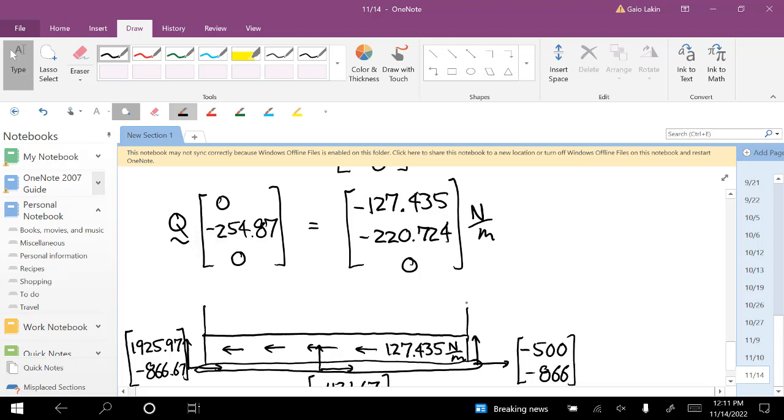And then we have a vertical one of negative 220.724, so that's down, magnitude of 220.724 newtons per meter.